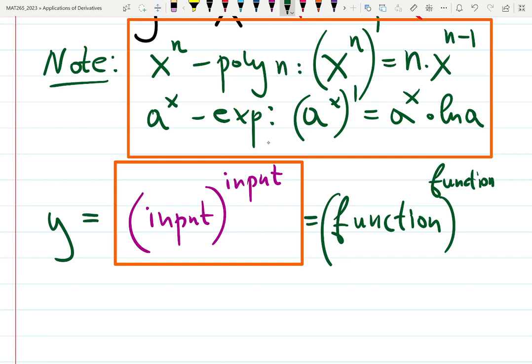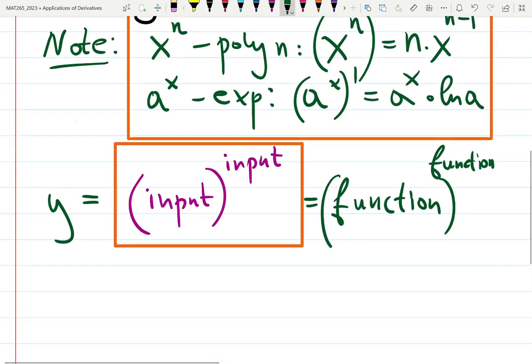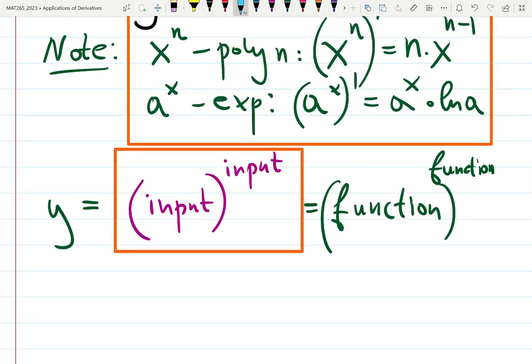So if the base is changing, then it's polynomial. If the exponent is changing, then it's exponential. And this one is both. Well, you must use logarithmic differentiation.